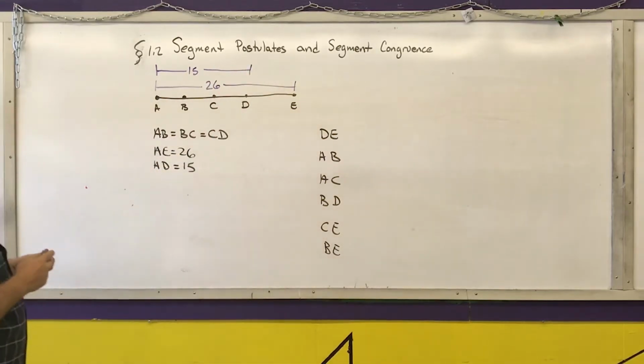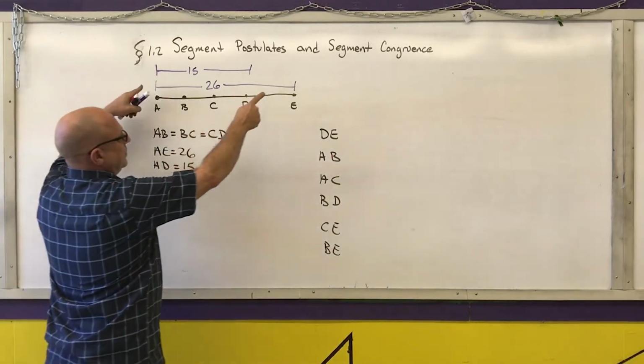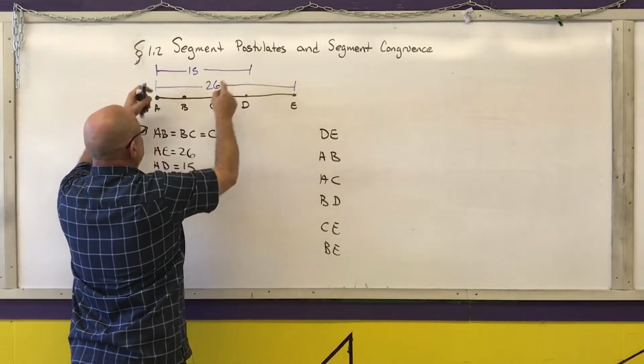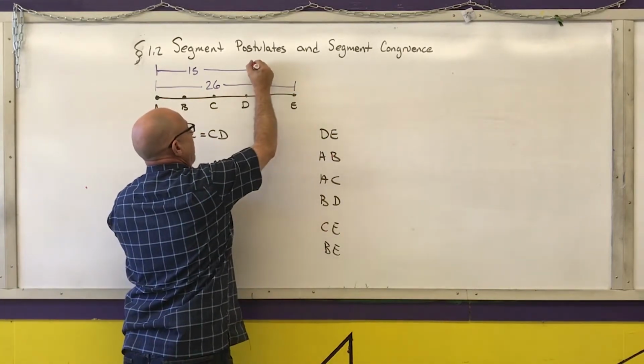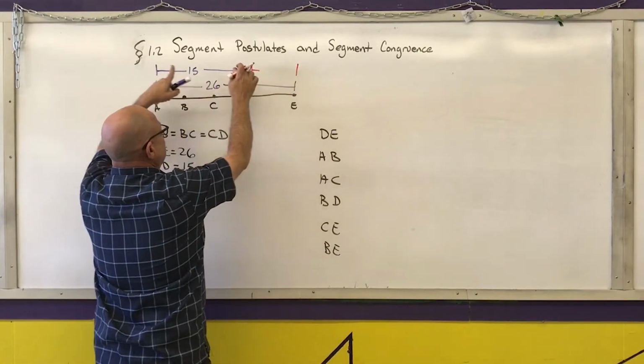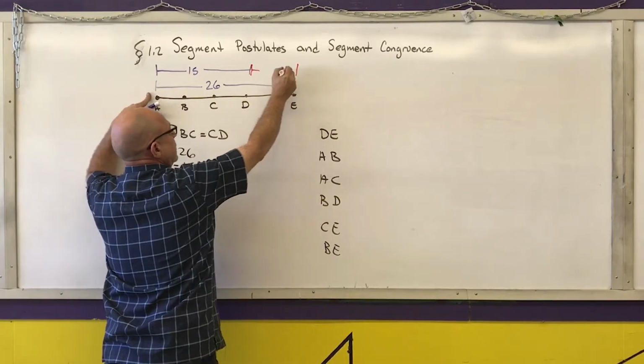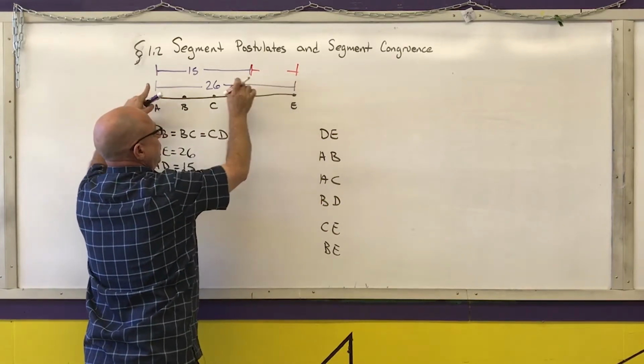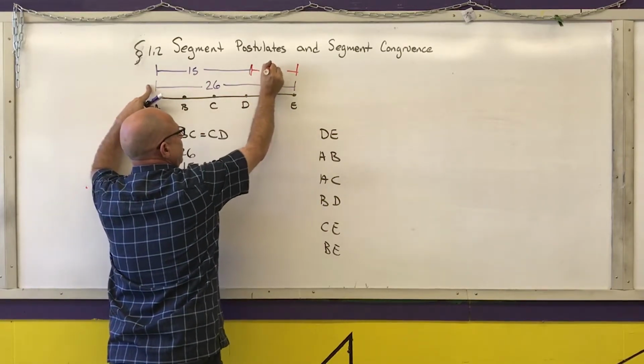So let's look at this. If I know the whole thing is 26 and this part is 15, I know how long this part is. Because this segment and this segment have to add to 26. Or this red part is 26 minus 15, which is 11.